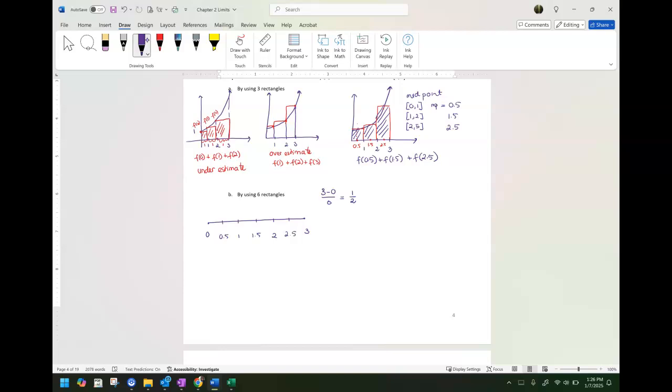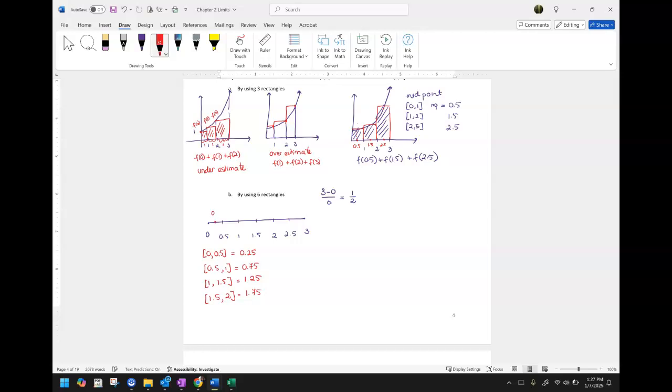And if I want to use the midpoint, then the midpoint in the first interval, from 0 to 0.5, is 0.25. The next one, 0.5 to 1, is 0.75. The next partition, 1 to 1.5, is 1.25. 1.5 to 2 is 1.75.